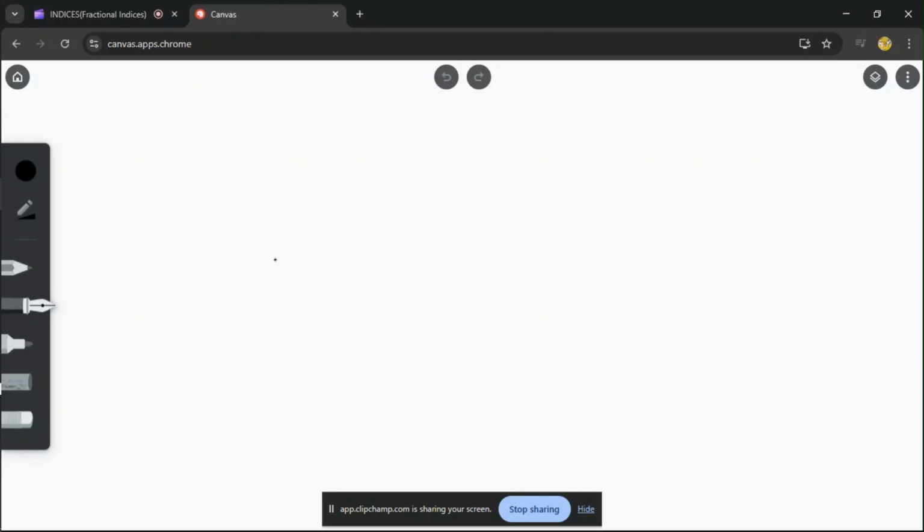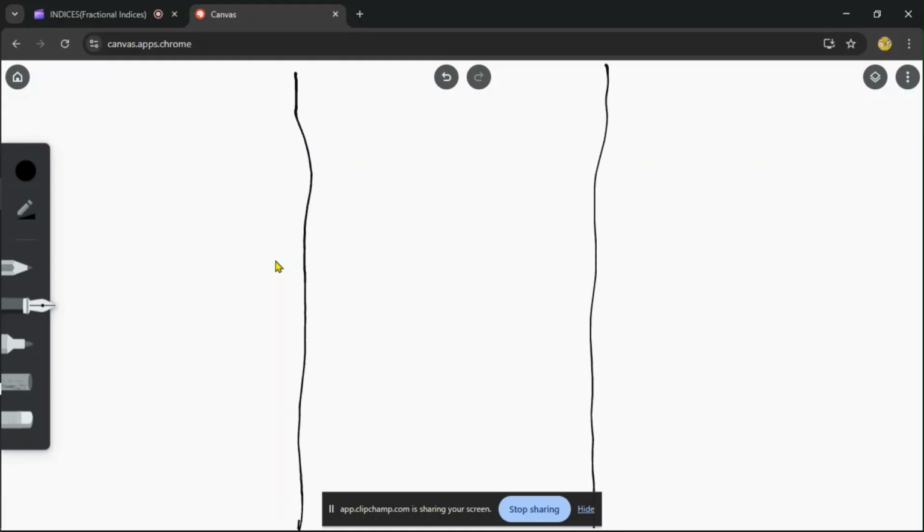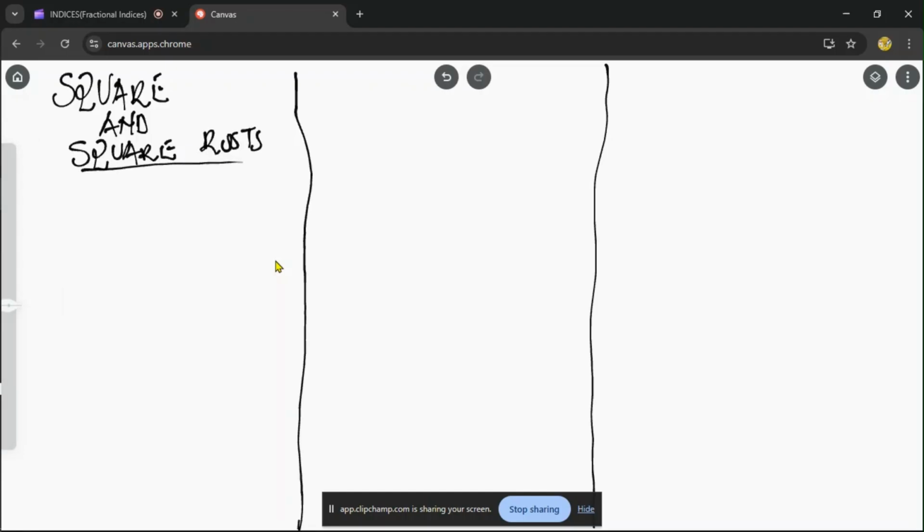Today I want us to have an important discussion. Sorry, my line is not straight, but I want us to have a short discussion on this topic of square and square root.